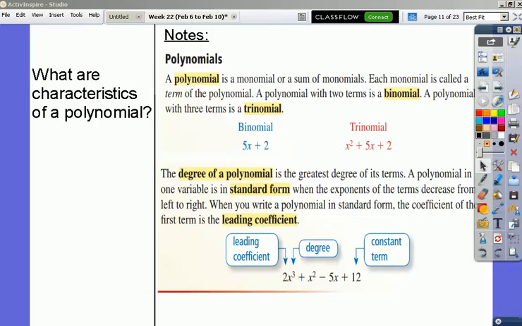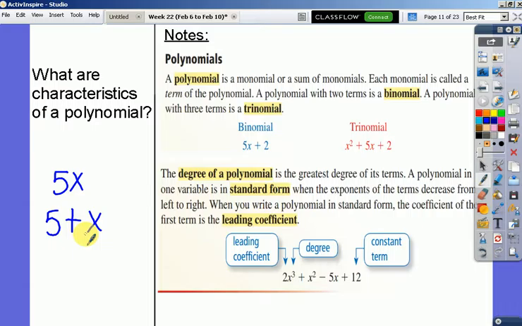That's what that's saying. So while we have, for example, 5x, which can be described as a monomial and a polynomial, 5 plus x can only be described as a polynomial. Does that make sense?